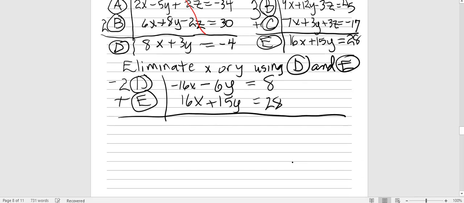So I notice that when I add these together, of course, since I was eliminating x, that's eliminated, and I get 9y equals 36. So if I divide both sides by 9, I get y equals 4.